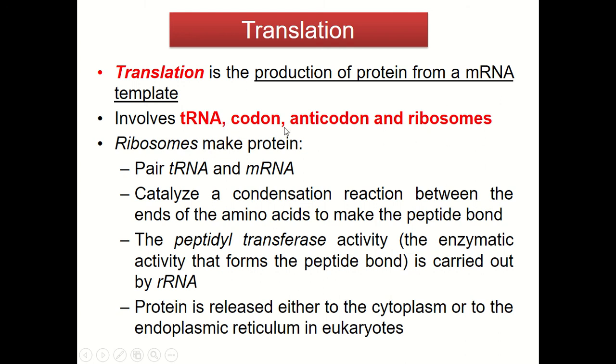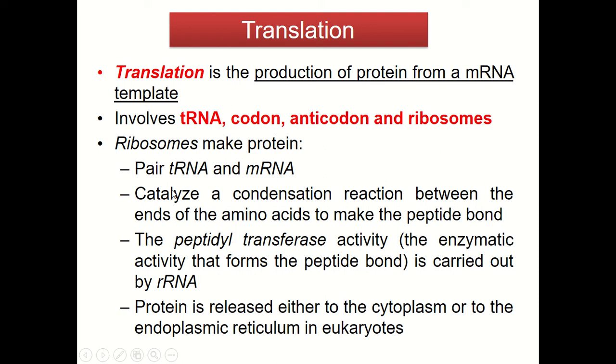Remember they also need mRNA, because the codon is located in mRNA. The ribosome will make the protein by pairing the tRNA that brings the anticodon with the mRNA that has the codon.